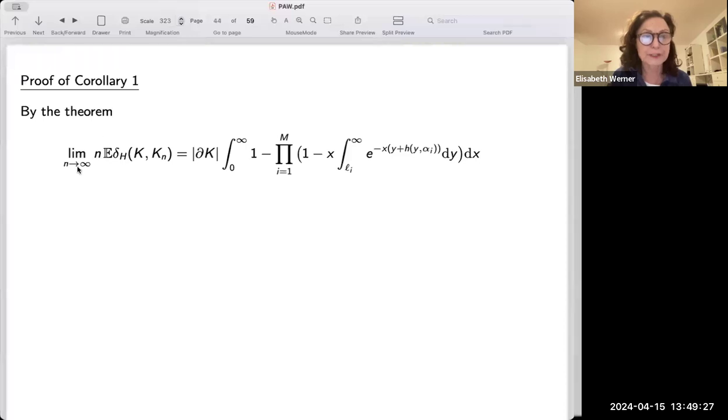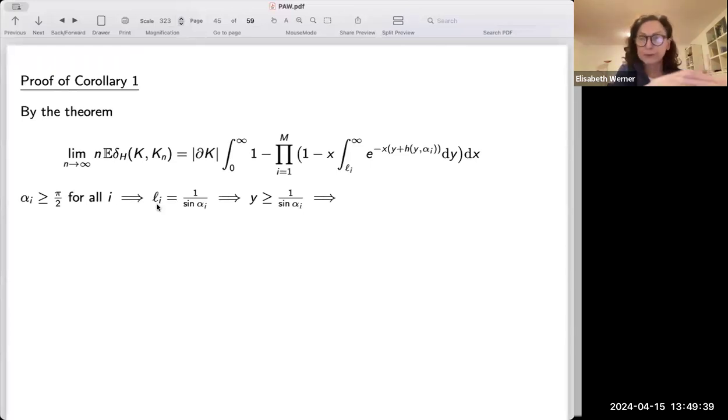I have written the general theorem again, but now we are in the situation that all alpha i are bigger or equal than pi over 2. That means that all Li are equal to 1 over sine alpha i, which means that in the inner integration, the integration over y, we have that y is bigger or equal than 1 over sine alpha i.